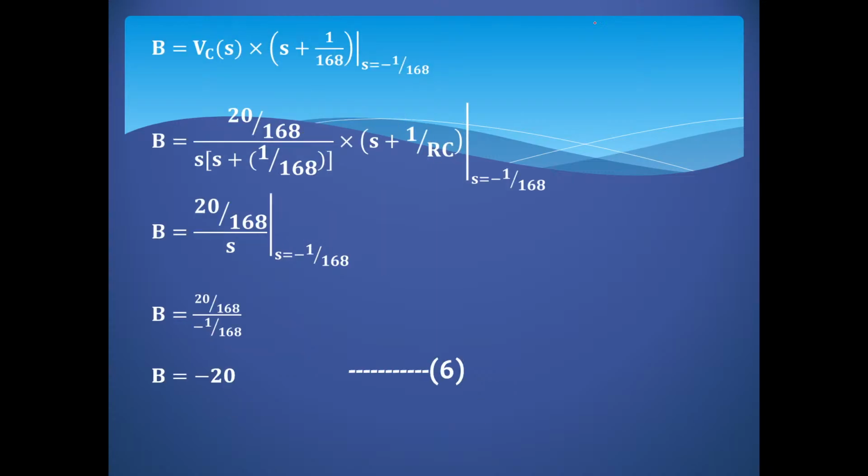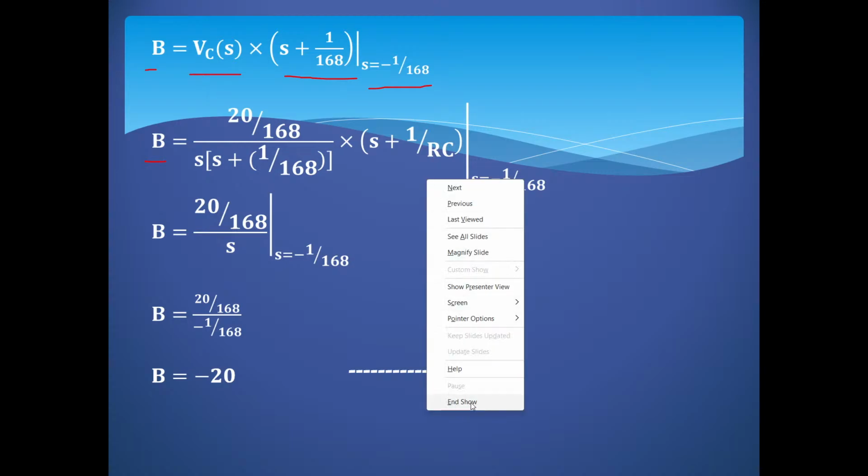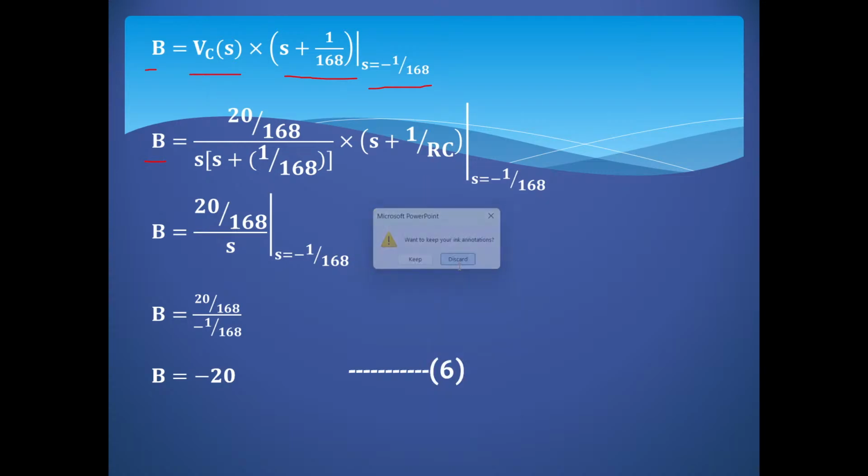Now let us determine B. So B is equal to Vc of s into the denominator of B, s plus 1 by 168, at s equal to minus 1 by 168. So B is equal to 20 by 168, divided by s into s plus 1 by 168, into s plus 1 by, here I have written RC.